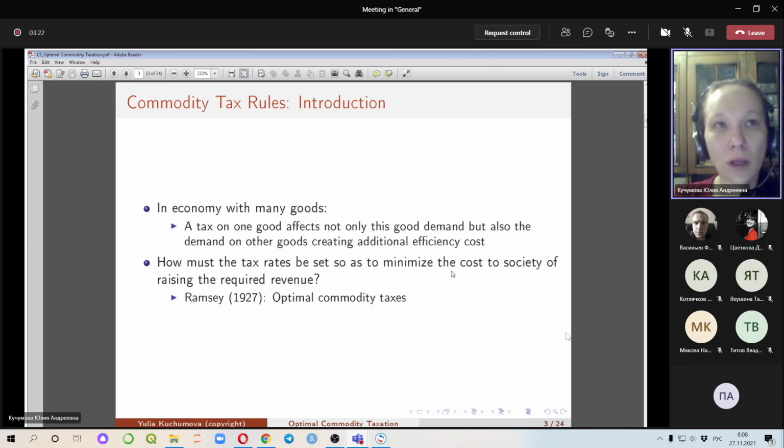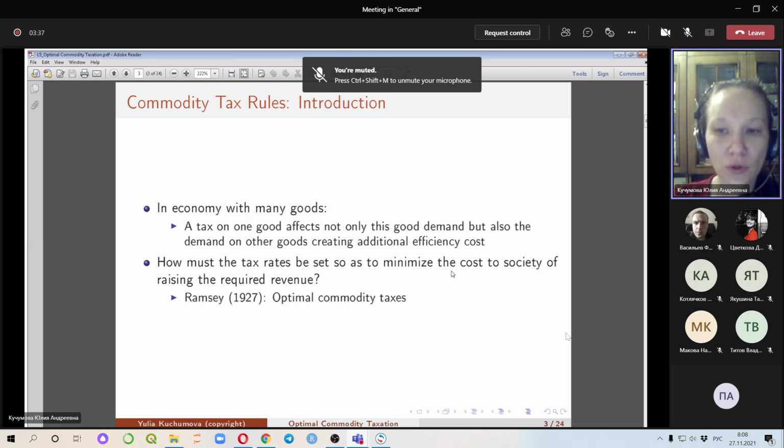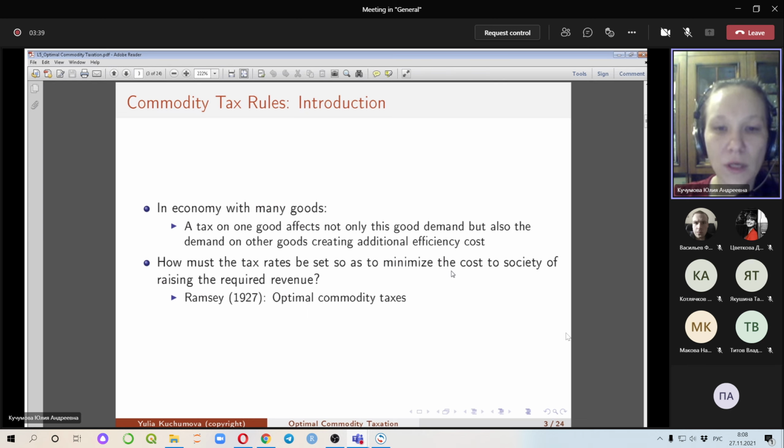What is important is that a tax on one good affects not only this good's demand, but also the demand for other goods, creating additional efficiency cost.